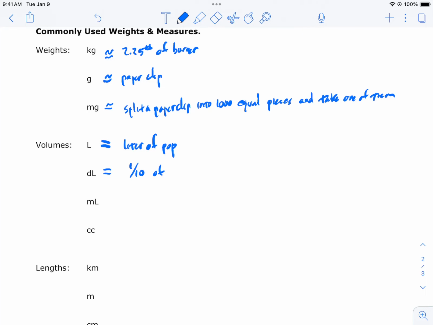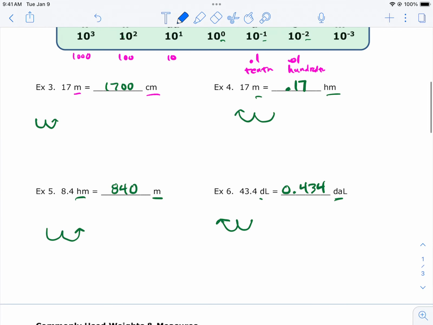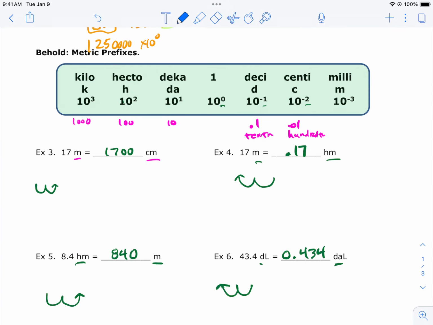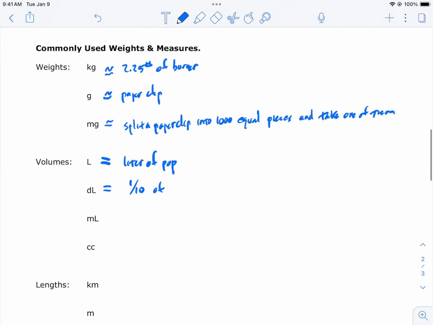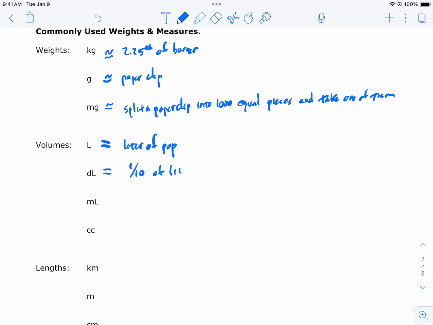Now if I scroll back up for a second, notice that if you wanted to go from deciliter to liter, you would go to the left. So 1 deciliter equals 0.1 liters, which is 1/10. It's 1/10 of a liter. Okay, cool. Now a milliliter, that's like 1,000th of a liter.